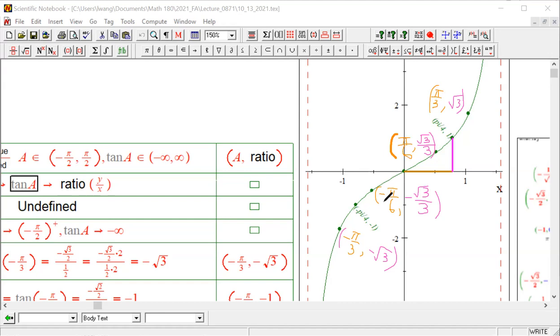The inputs are the angles, the outputs are the ratios. Do you see that consistency? And this orange is consistent with that orange that we talked about in the previous weeks. It's the same orange that we use for sine, cosine. Does everybody understand? So far, so good. Yes?